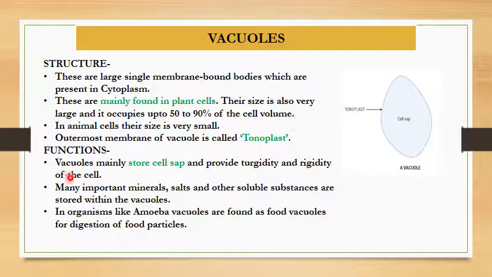Functions. Vacuoles mainly store cell sap and provide turgidity and rigidity of the cell. Many important minerals, salts and other soluble substances are stored within the vacuoles. In organisms like amoeba, vacuoles are found as food vacuoles for digestion of food particles.